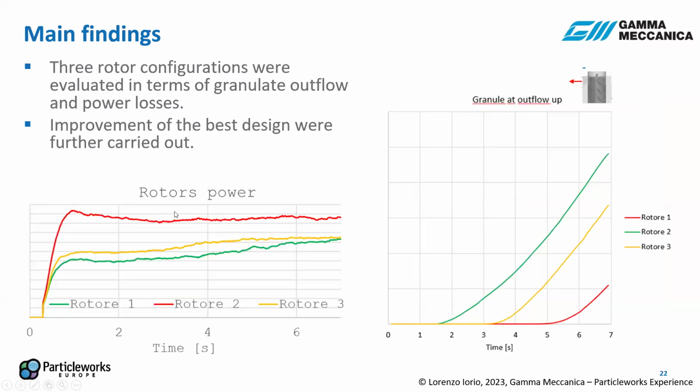And the output, as mentioned, is rotor power losses. You can see that different rotors will result in different losses. So one iteration was on the rotor design. In one week, Lorenzo could test more than three designs and identify the optimal geometry for lower losses, but also bigger granulate flow.